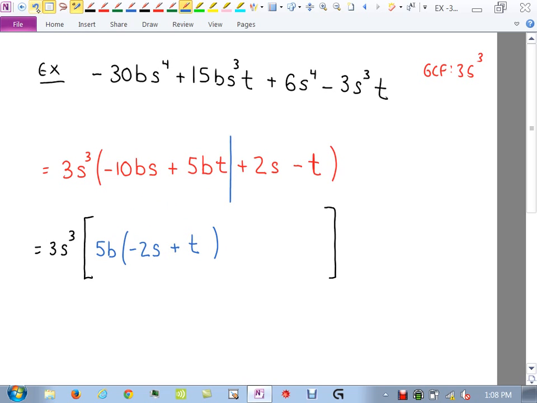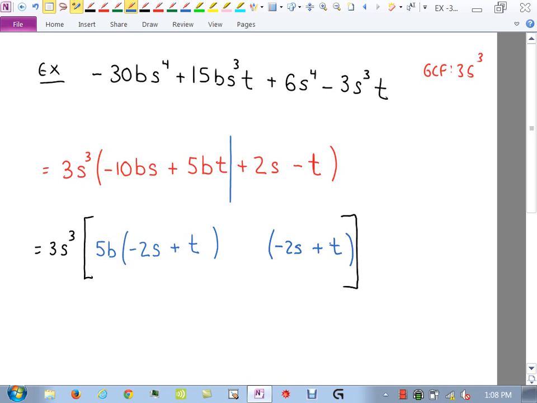Okay, now here's where I think this would be a good time to stress again that whole idea of trying to match things, right? What am I going to try and match up with over here? What am I trying to get? Negative 2s plus t, right? That's what I'm trying to get here.